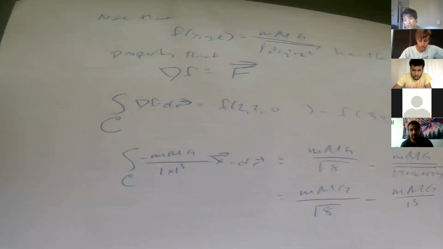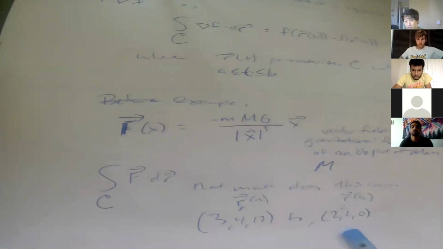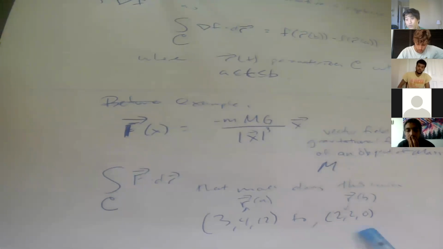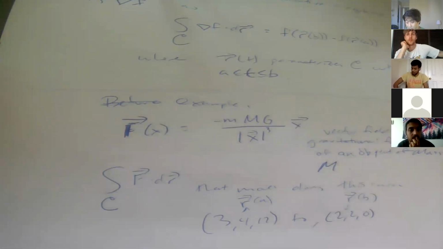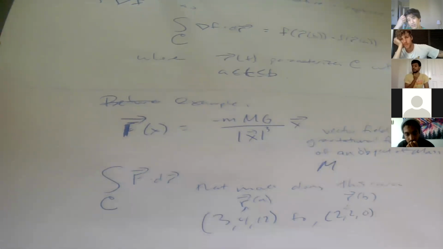All I said is it goes from here to there. There's no notion of what C does, or how C looks, or what the curve is. It only says it goes from here to here. Does that make sense?